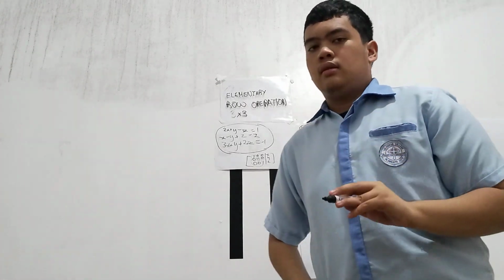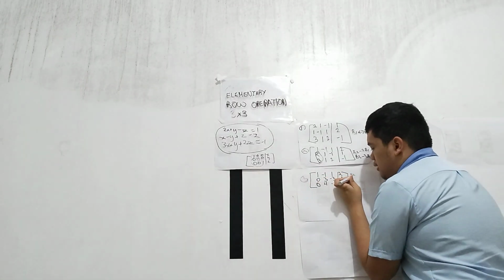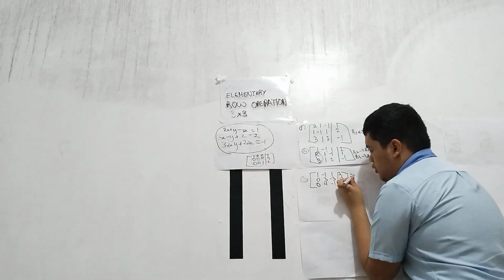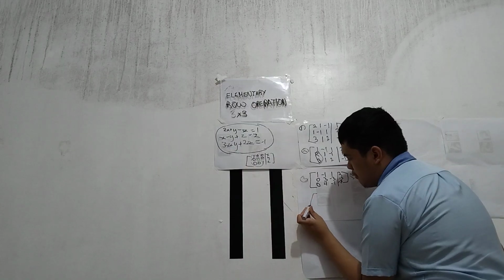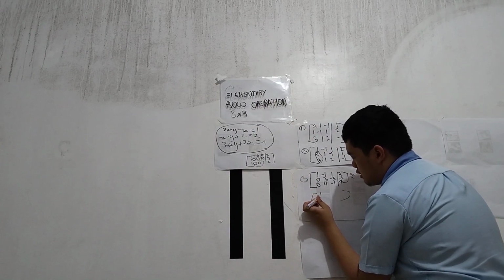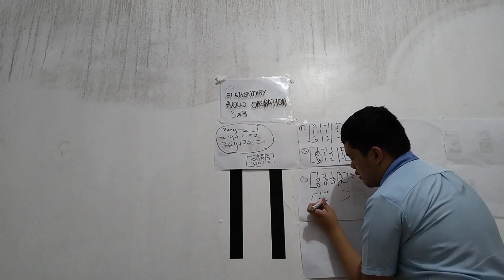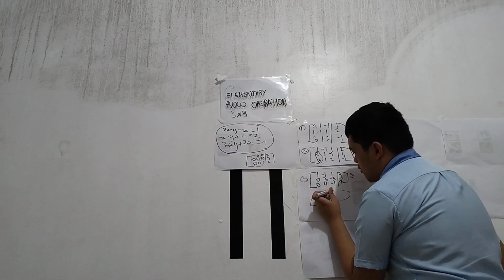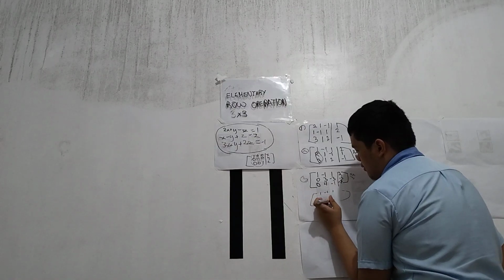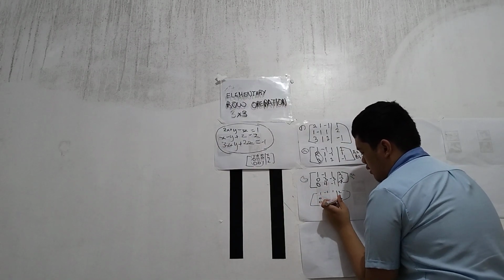You need to divide that. Now R2 divided by 3. Now you just copy this one: 0 0 negative 1 4, 4 1 negative, and negative 1 2, negative 7.